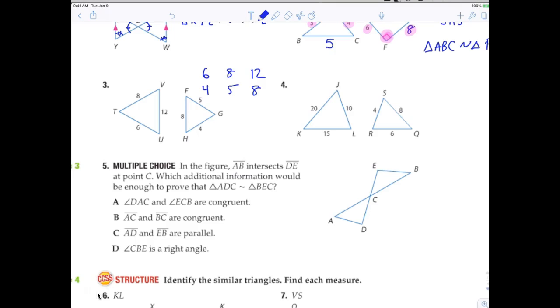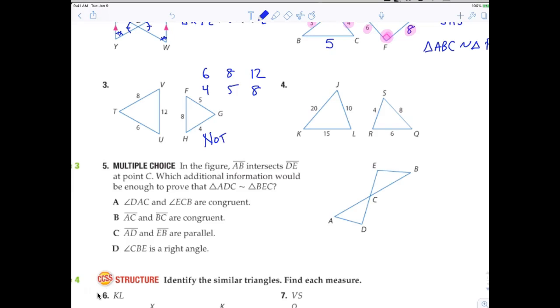So obviously, are these similar? No, they are not. Not similar. Walker, did you have something to add? Oh yeah, I was just saying they're not similar because, if you ask for the reason, I just put none of the tests. That's right. Thank you. The sides are not proportional.